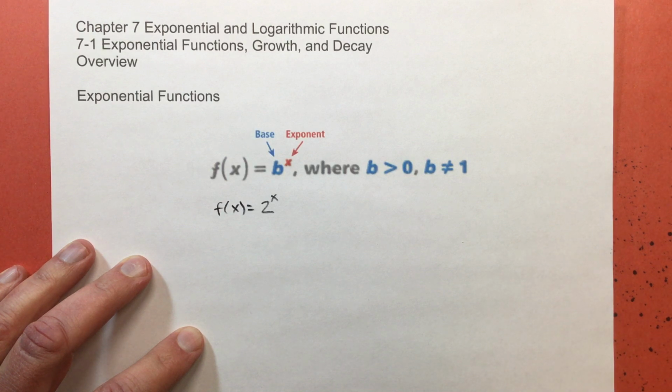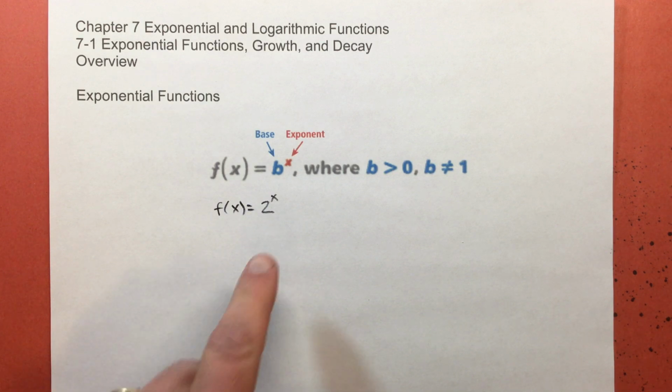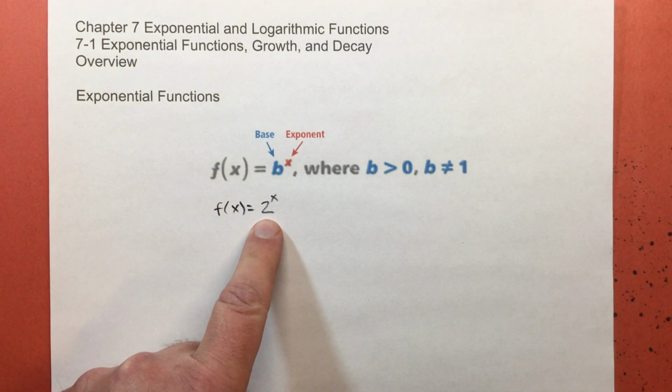How many 2's I'm multiplying by is represented by the x. So it could be 2 to the first power, 2 to the second power, 2 to the third power. What changes is the number of times you're going to multiply the base, if, for example, the base is 2.